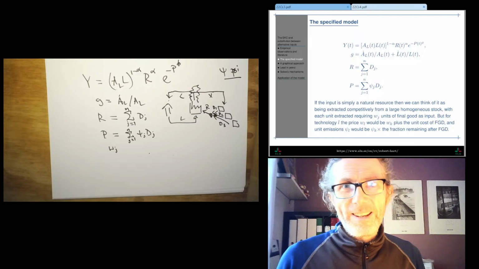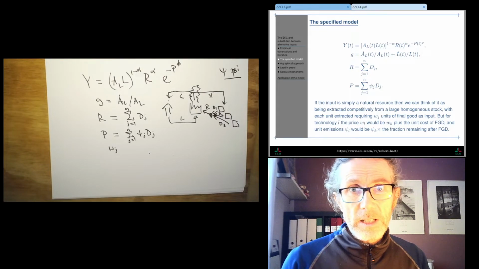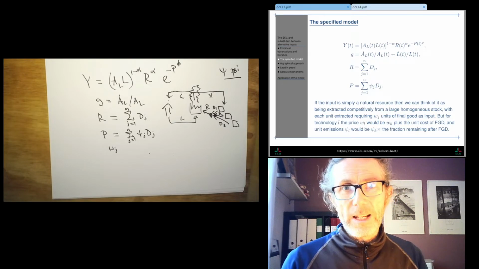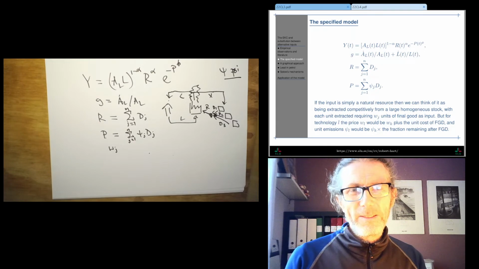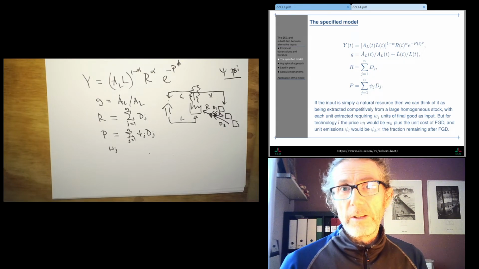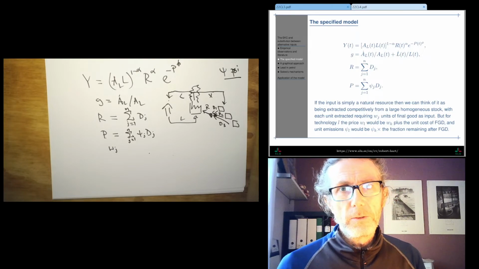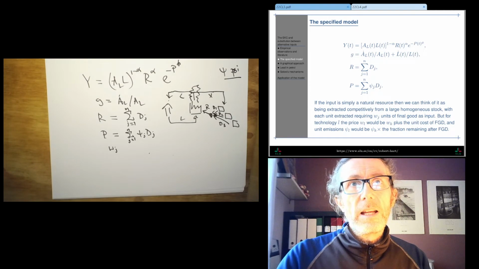If the dirty stuff is running out, that's great because that will push the price up without the need for tax. If clean stuff is running out, that's more of a problem. Luckily, it's the dirty stuff that's, if anything, going to run out. But if you think of fossil fuels, it's not that relevant, right? We have to leave fossil fuels in the ground. So unless we have a total environmental catastrophe, they will never run out.